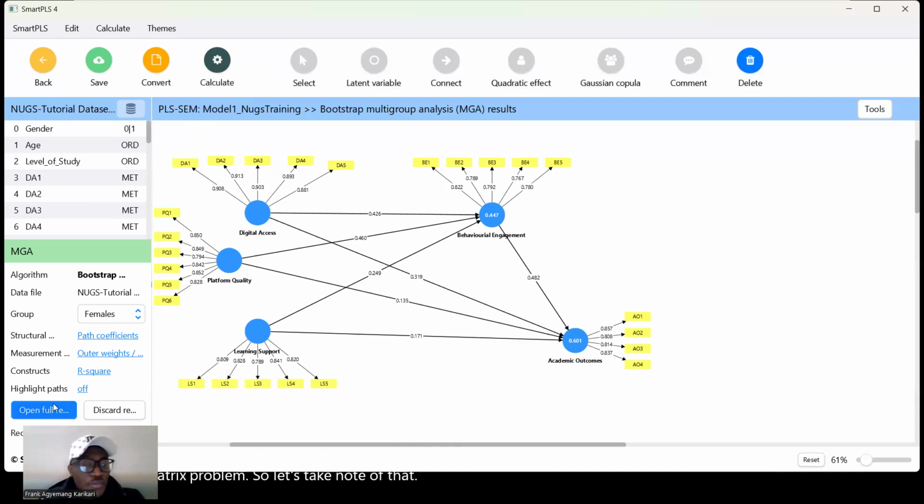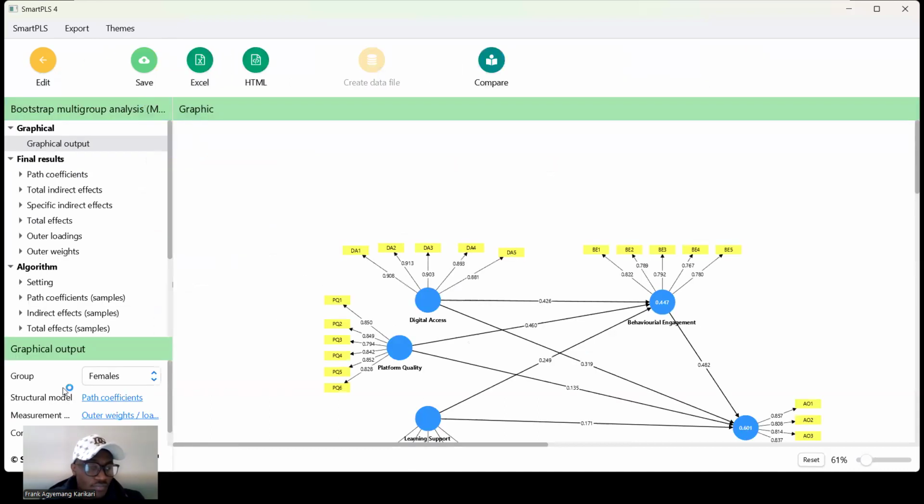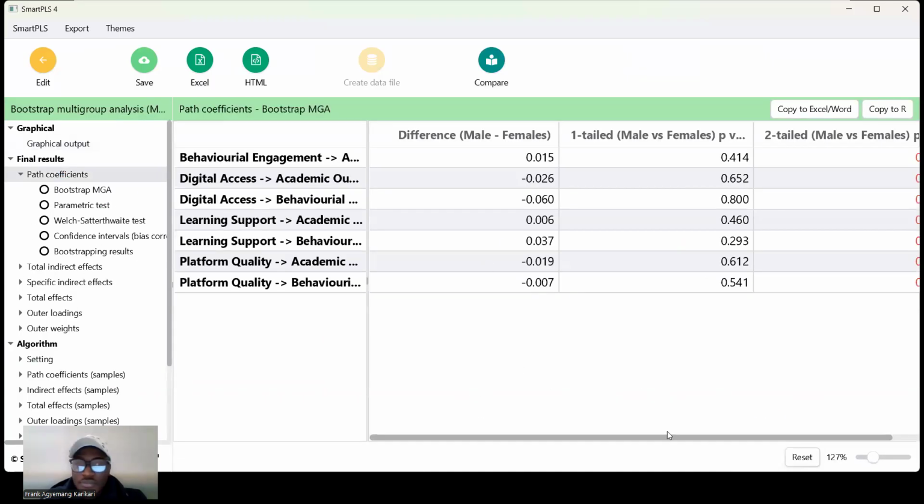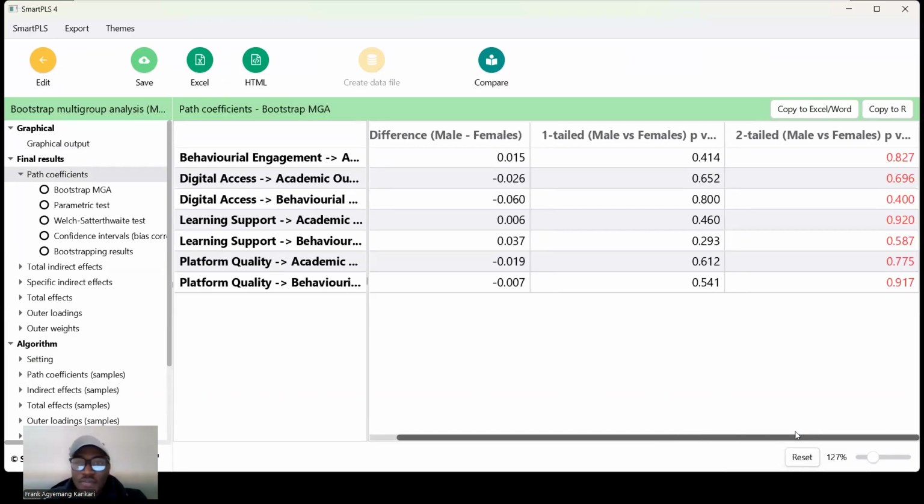So let's go to open report. So now let's see. We have our result in here.